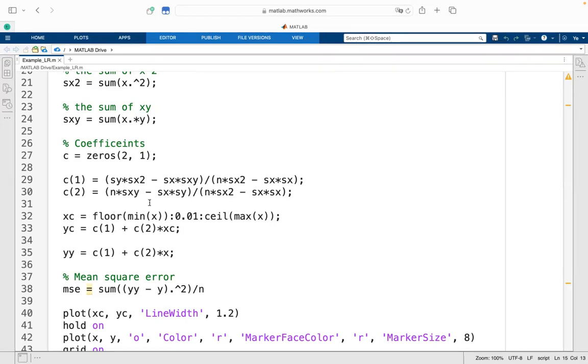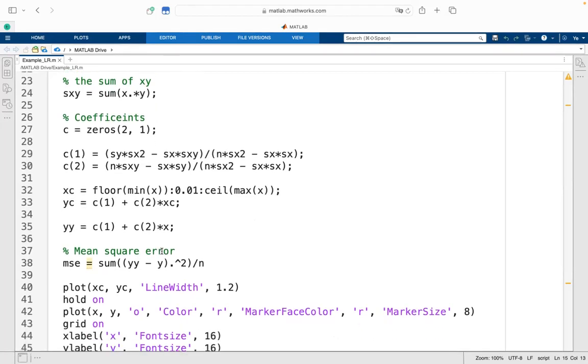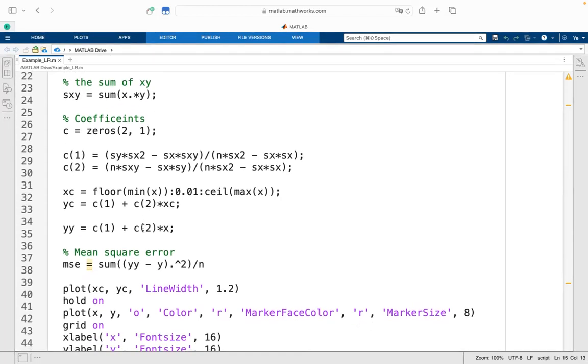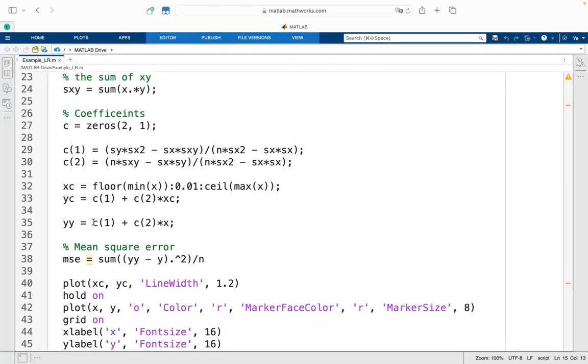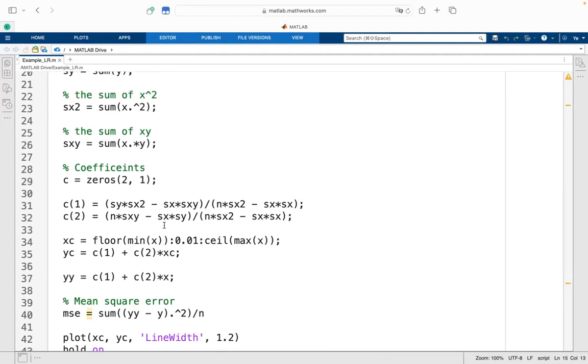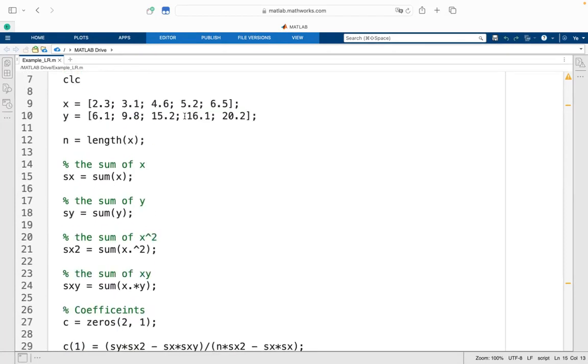So minimum, maximum, then for the YC, we can get it from X with the C1, C2. And here, YY, this is from the original X. Here, these are 5 points. So YY equals C1 plus C2 times X. Just remember, X.